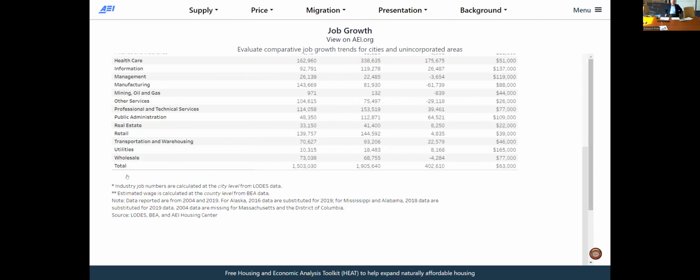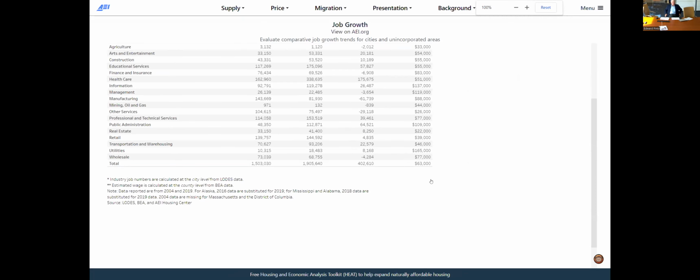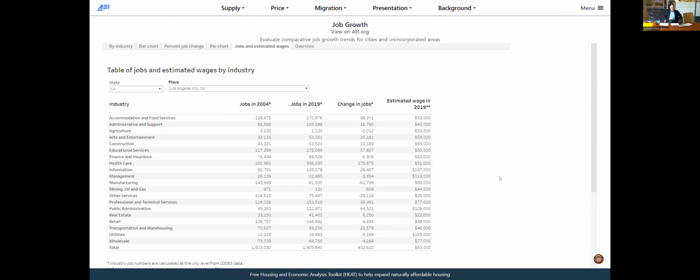There's the part of the county that was growing in jobs, but they were generally low-paying jobs. And then you have the high-paying jobs that either were growing modestly or actually declining.